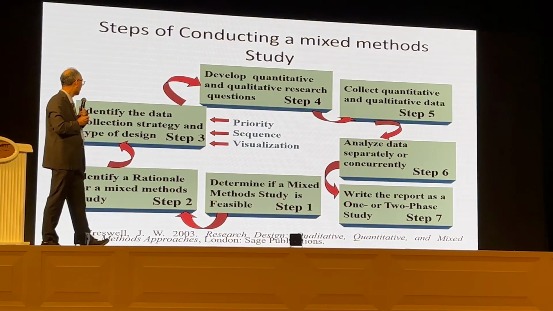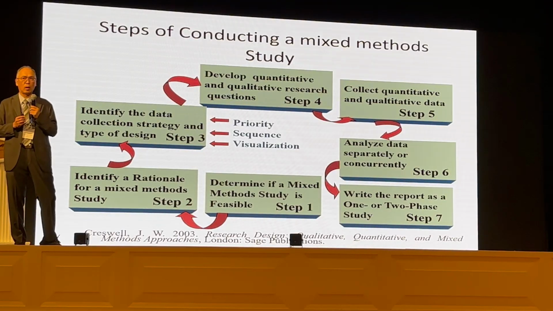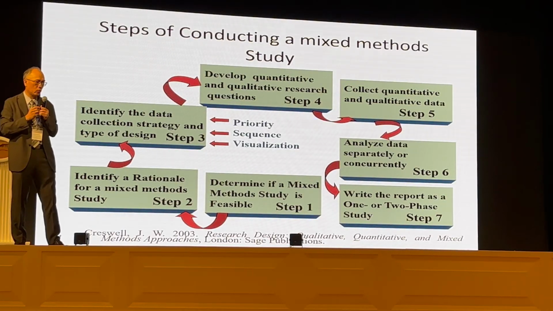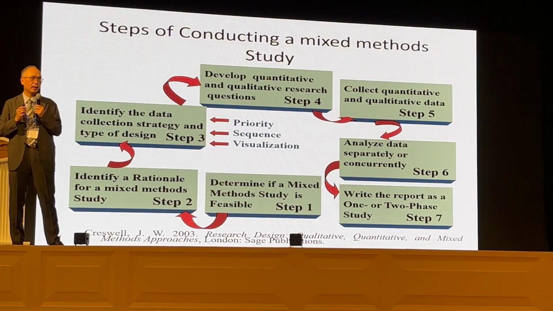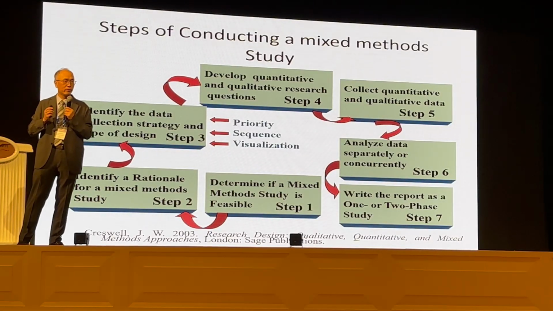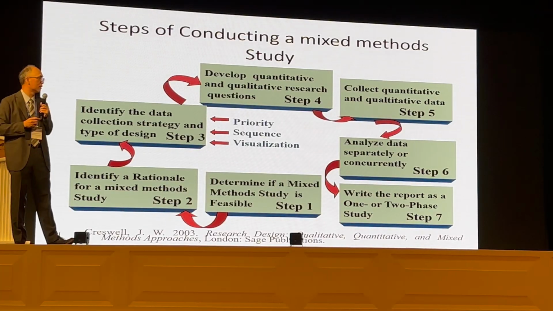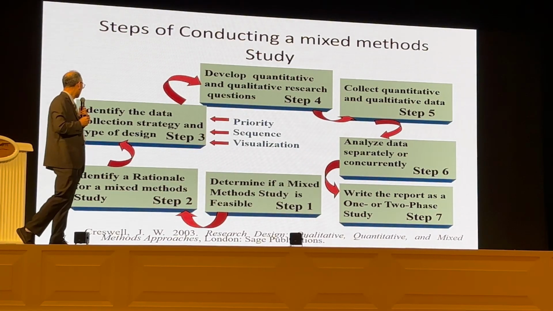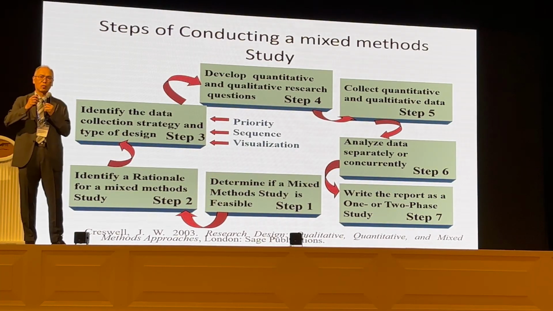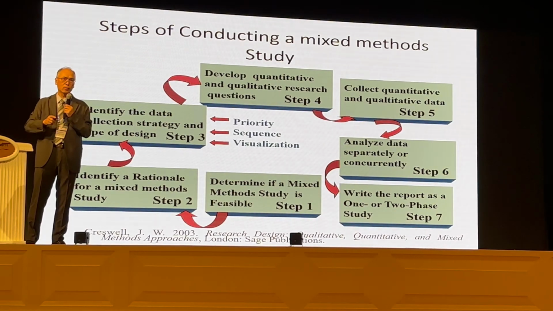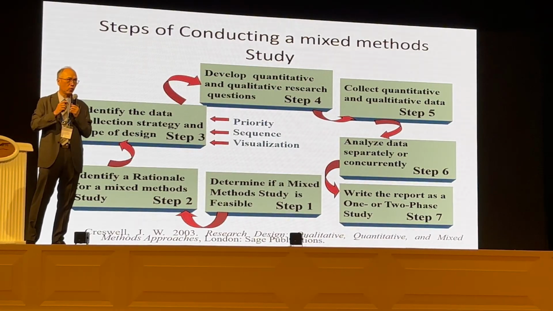The first one is determine if a mixed methods study is feasible. As we try to do a research, we must evaluate whether it is feasible or not. If not, then we can change one or have another alternative. And next one is the rationale. Rationale means that, as you get into more detail, it is rational to do it.